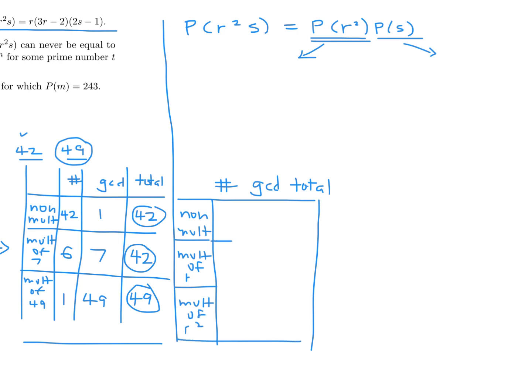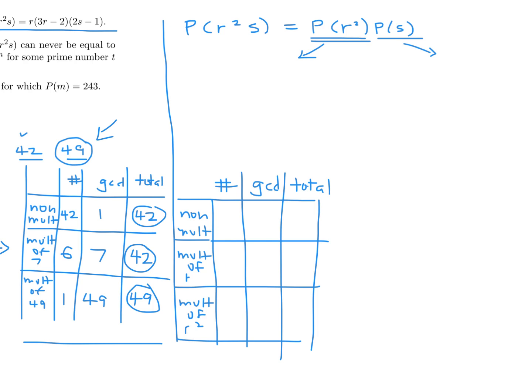Got it? This time we are using letters because we have to figure out P of R squared. Before we had to figure out P of 49, which is 7 squared. Okay, so non-multiples, we got to fill this table out now. Shouldn't be too big of a deal.